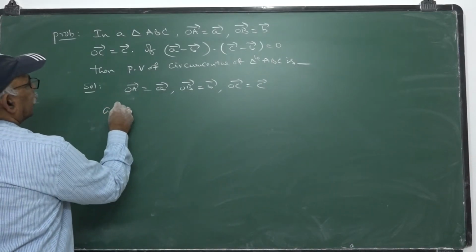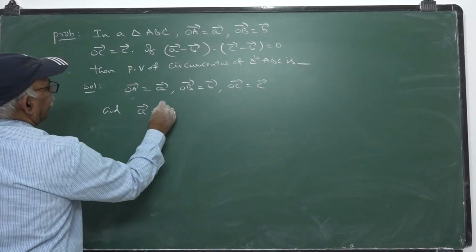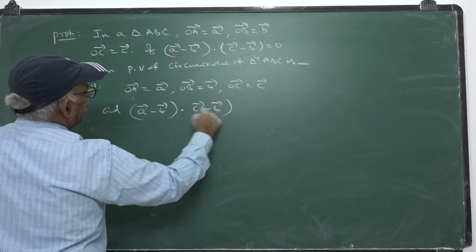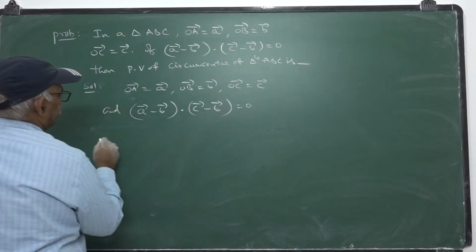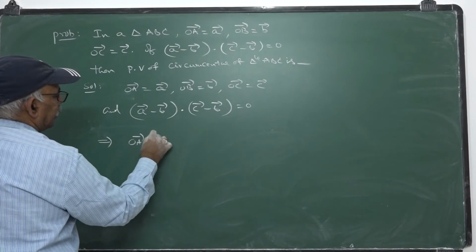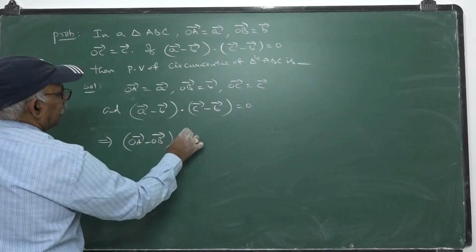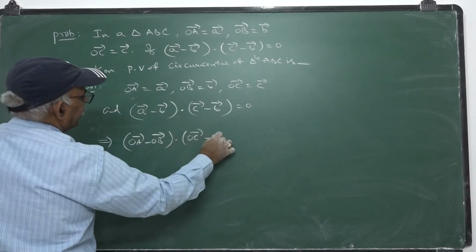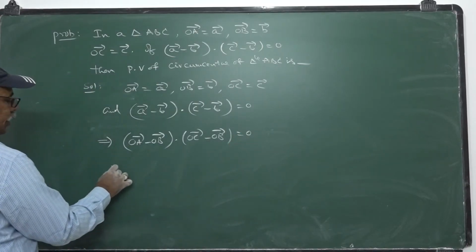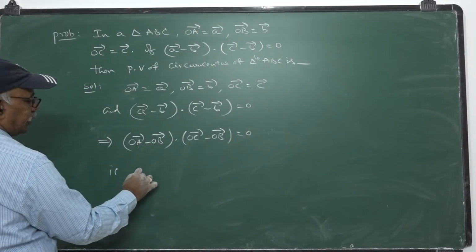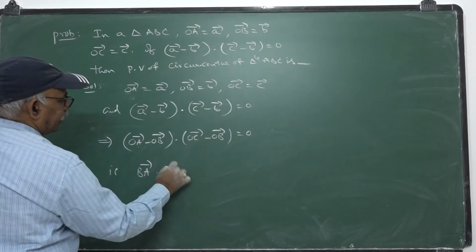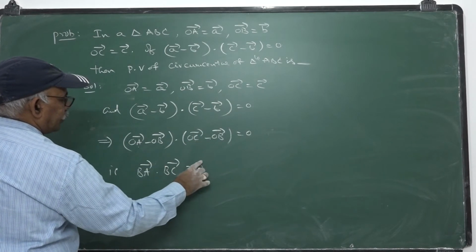Given A bar minus B bar dot C bar minus B bar is 0, this implies OA bar minus OB bar dot OC bar minus OB bar is 0. That is, OA bar minus OB bar is BA bar, dot this BC bar, is 0.